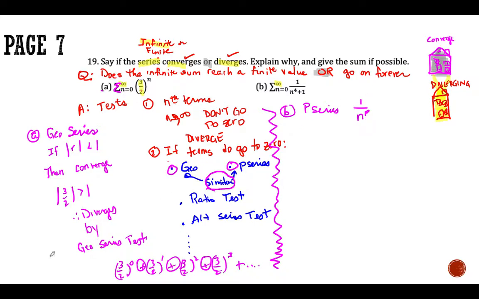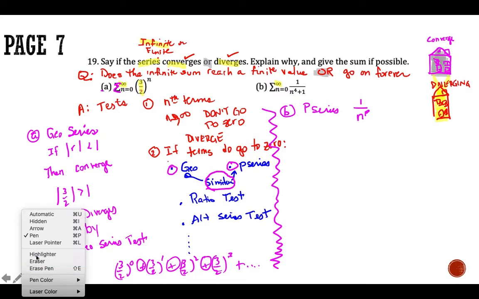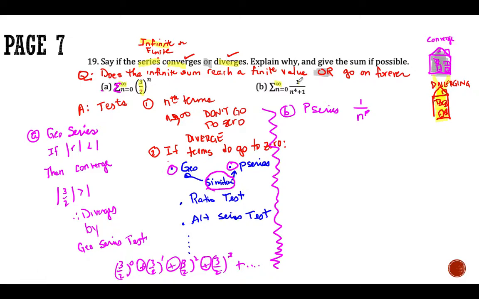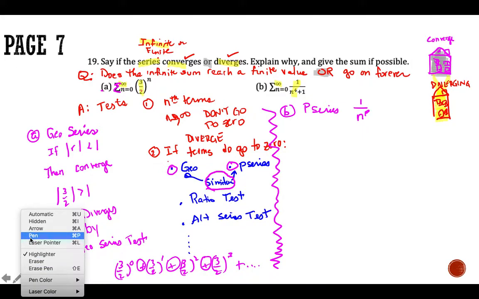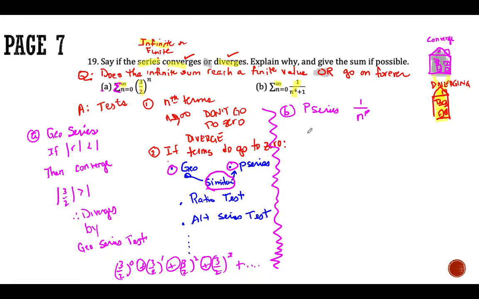And notice that my series is really, really close to 1 over n to the 4th. So, since I'm super, super close, I'm going to choose 1 over n to the 4th to compare. Then I'm going to tell you what I know about 1 over n to the 4th.